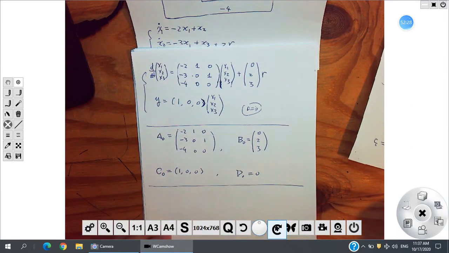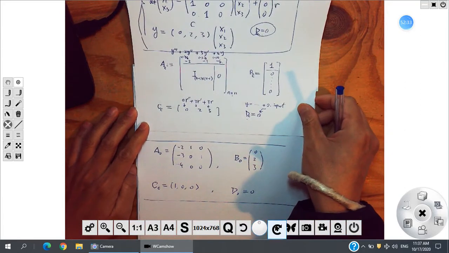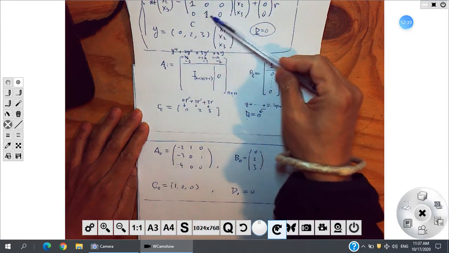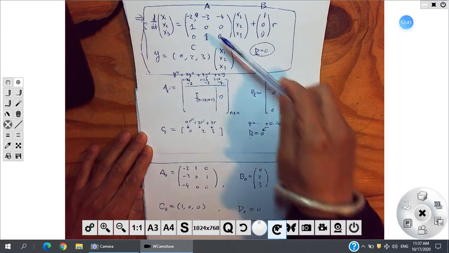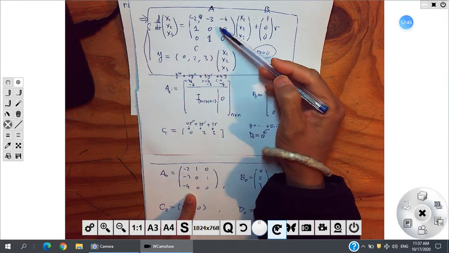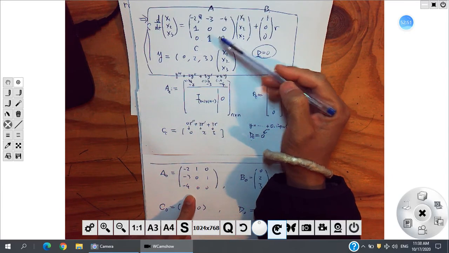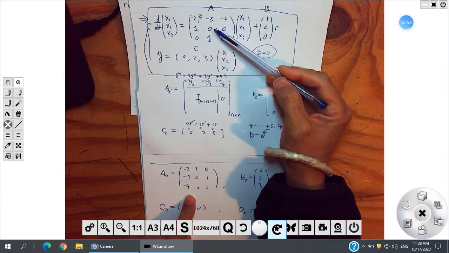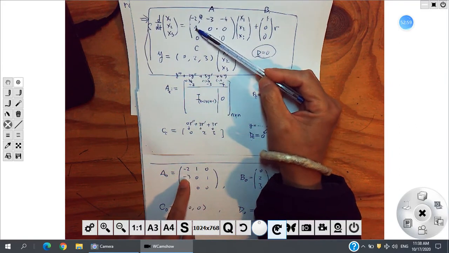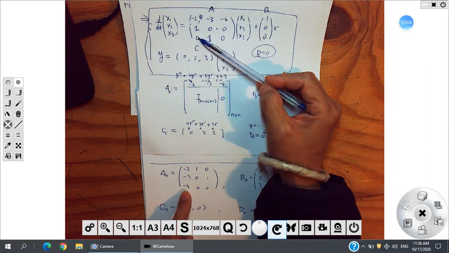Let's compare with the result here. For the controllable case, this A controllable one is this one, and the observable one is this one. You compare these two, what can you say? You just transpose A, you can have AO, right? This one you transpose, -3 goes to here, right? The -4 goes to here, -4 here, right?